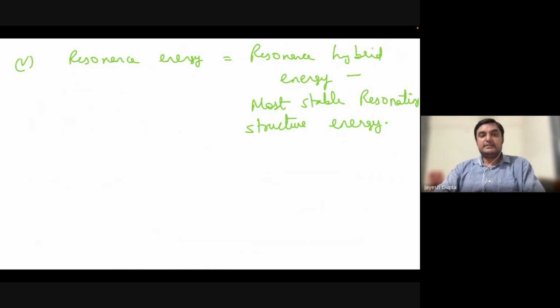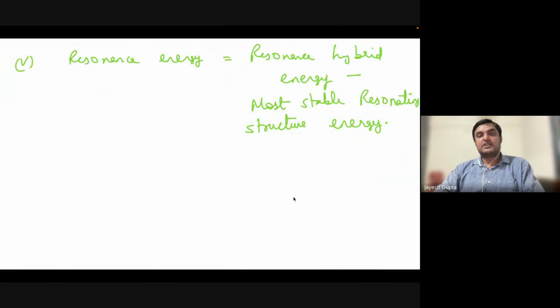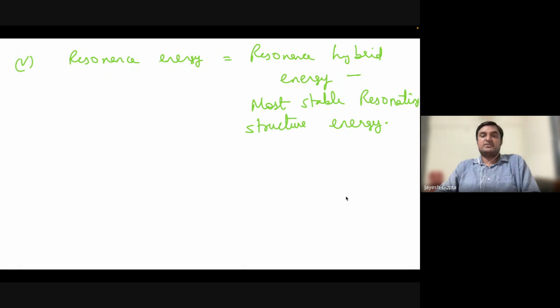The resonance hybrid gives information about all the structures, so it will be more stable. The resonance hybrid will be more stable than the resonating structures. There will be a difference in energy between the resonance hybrid and the resonating structure, and that energy is known as resonance energy.